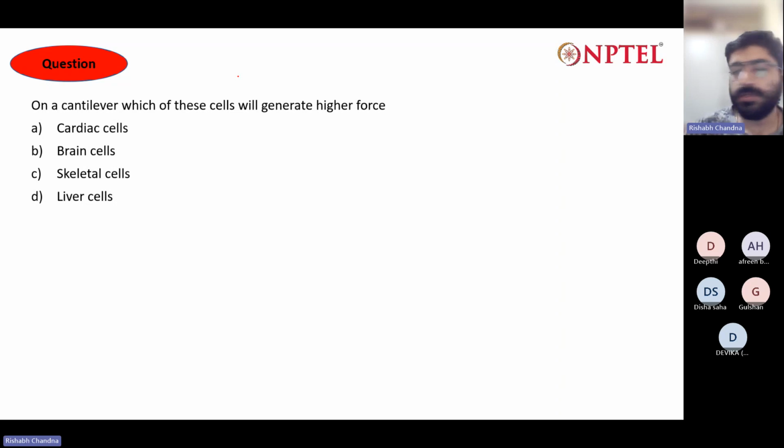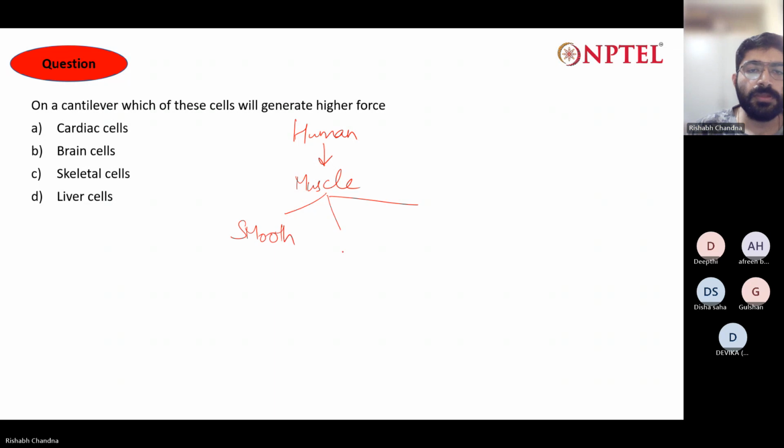So when we consider our human body, there is only one tissue that generates force, that is the muscle. And muscle is of three types mainly: smooth muscle, cardiac muscle, and skeletal muscle.